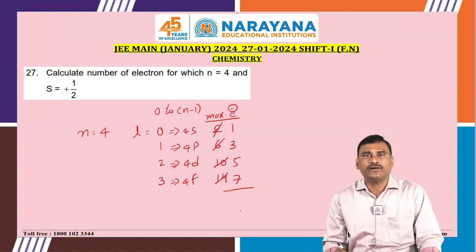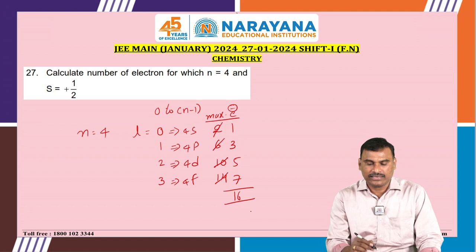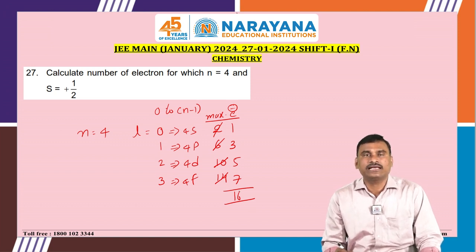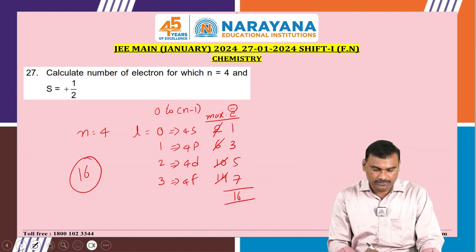That is half of each subshell has s equal to plus half. Therefore, the total number of electrons that can be accommodated is 16 for the given n equal to 4 with s equal to plus half. Therefore, the answer should be 16, students.